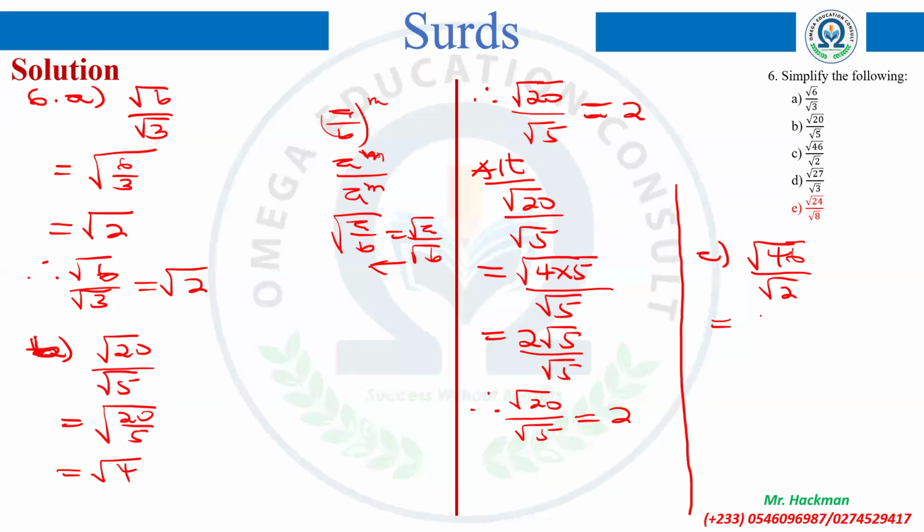So I'm going to get root of 46 over 2, which will give us root of what? 23, am I right? But root of 23 is in its basic form, so you end there.